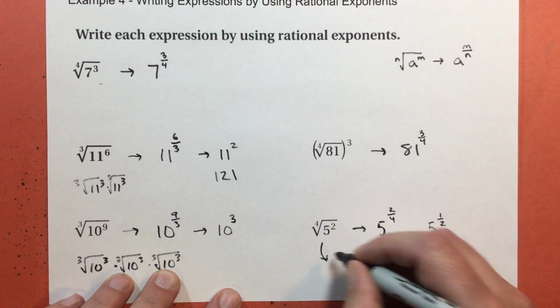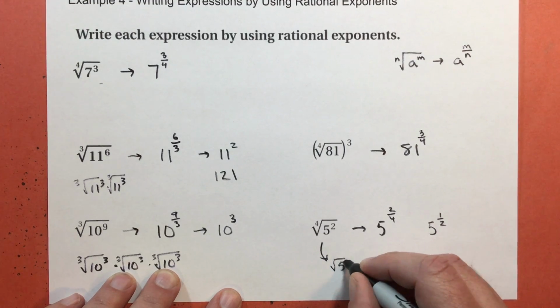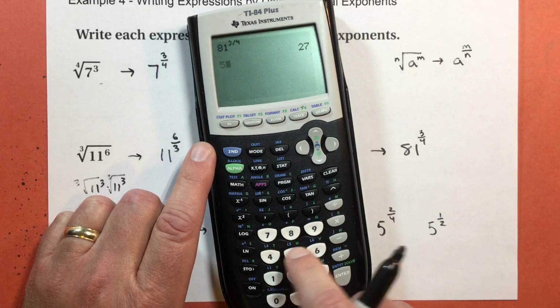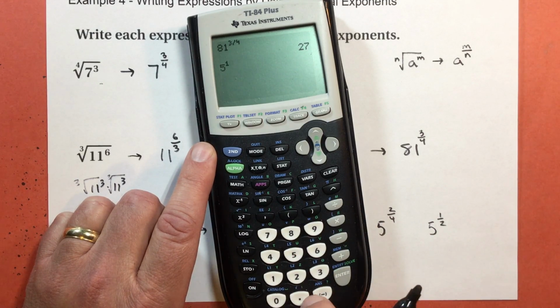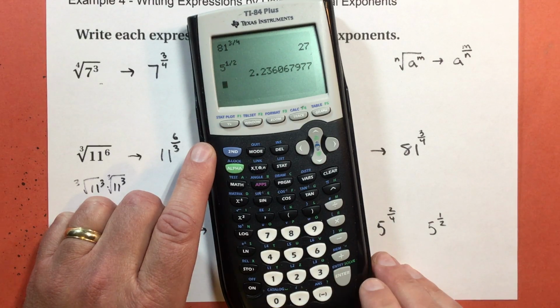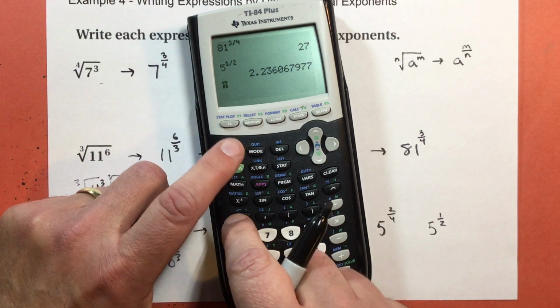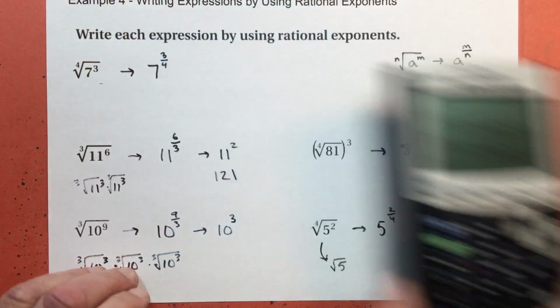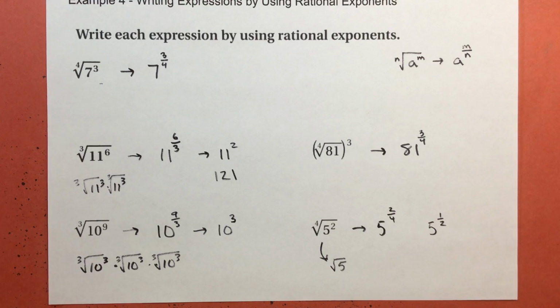This is actually the same as the square root of 5. It has the same value. So one way you can take square roots is 5 to the 1 divided by 2 power. And since my calculator does square roots, the square root of 5 is going to give me the same thing. Okay. We'll see how that goes. See you in the next video.